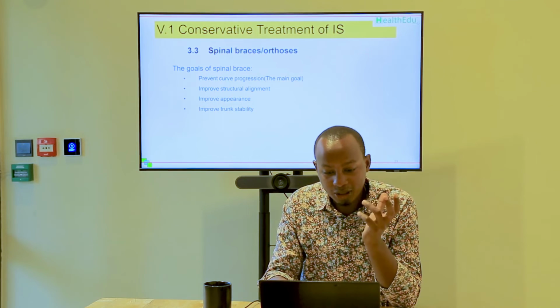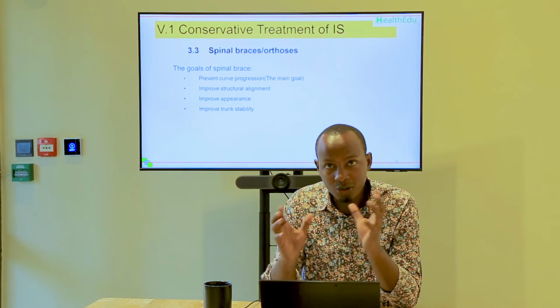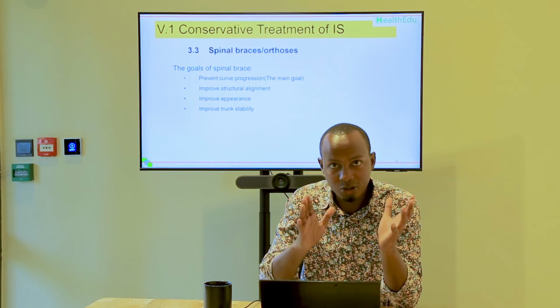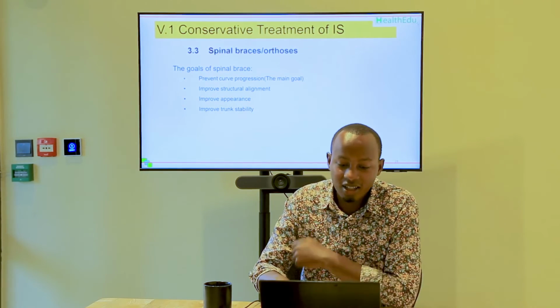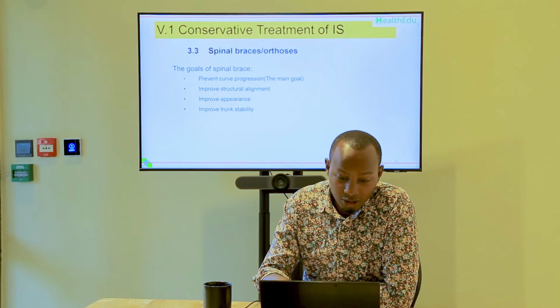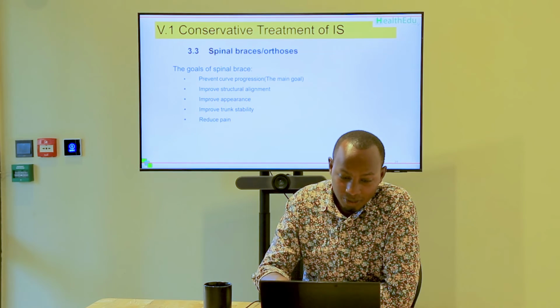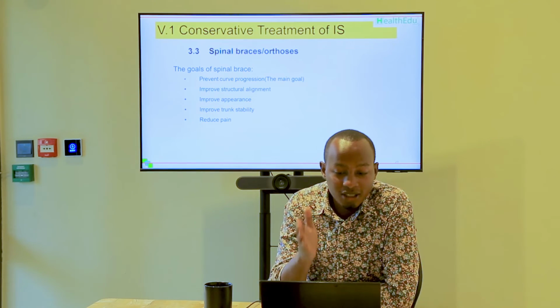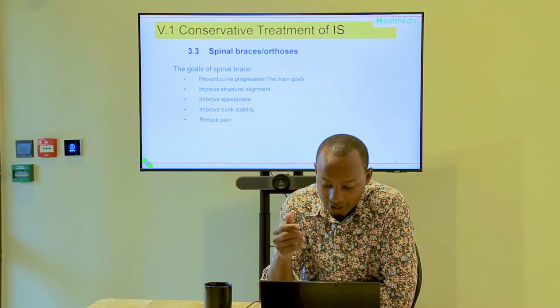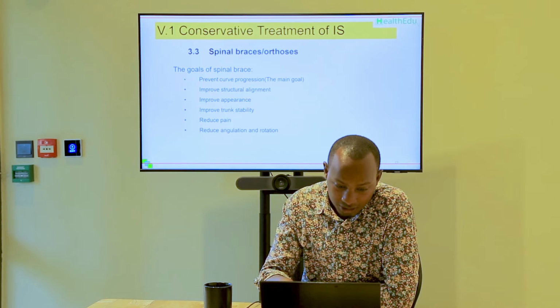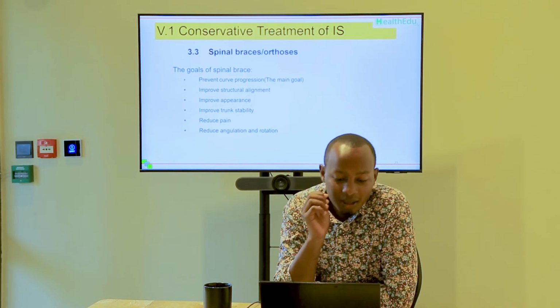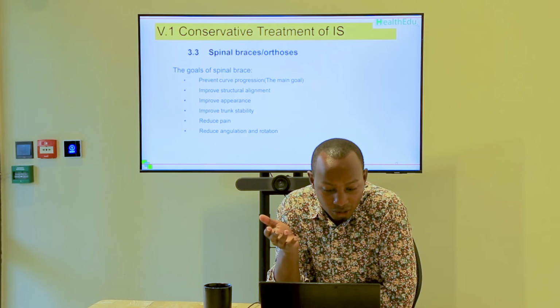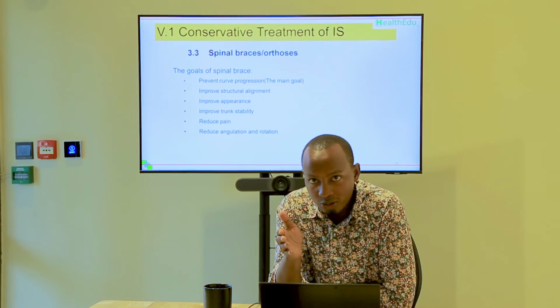It also improves trunk stability because some muscles are weak and others are strengthened, so this imbalance is improved and stability is achieved. In cases where there is pain, with the spinal brace you can reduce pain as a goal. And also, in some cases, there is angulation or rotation reduction as a bonus.